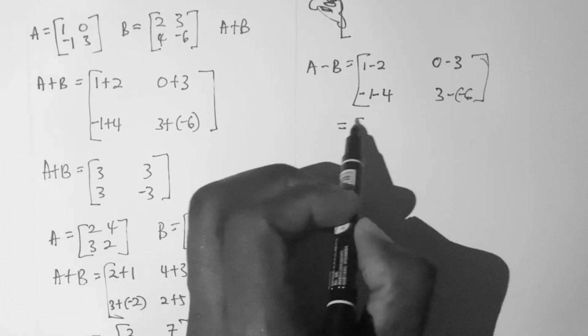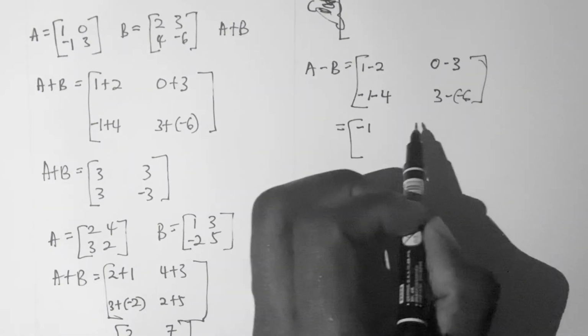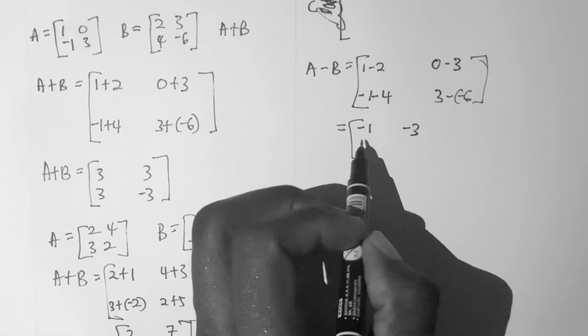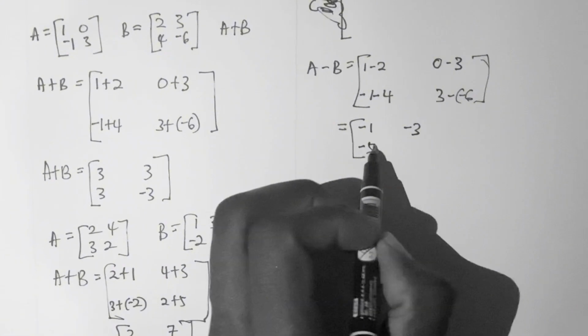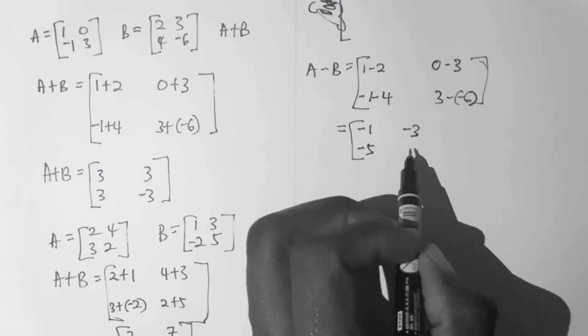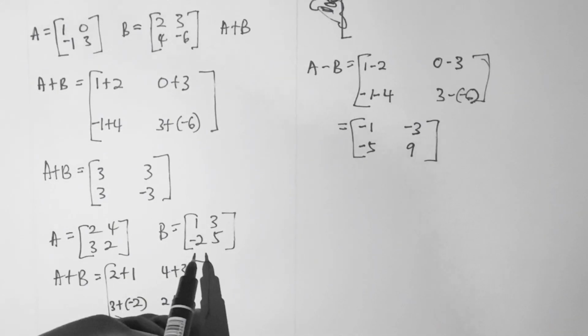So this is equal to 1 minus 2 is minus 1, 0 minus 3 is minus 3, minus 1 minus 4 is minus 5, then 3 minus 6 is minus 3. Sorry, that's 3 plus 6, which is 9.